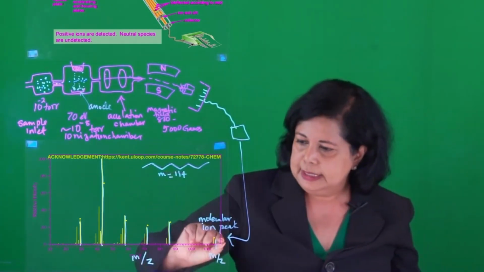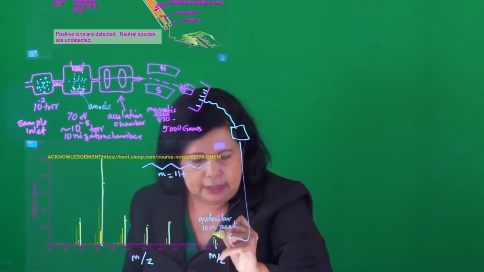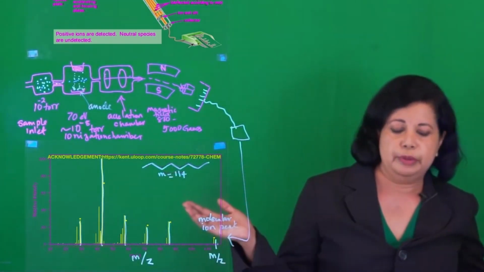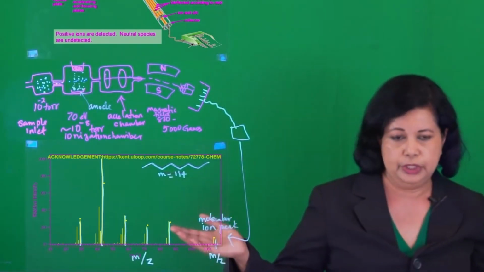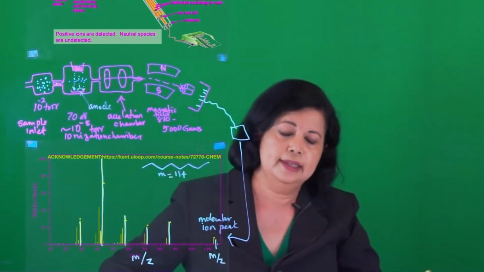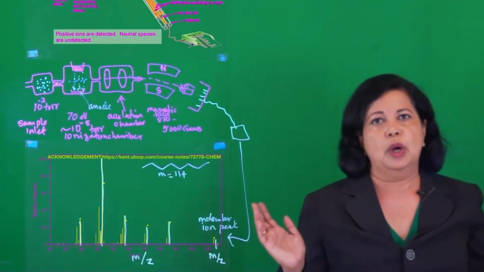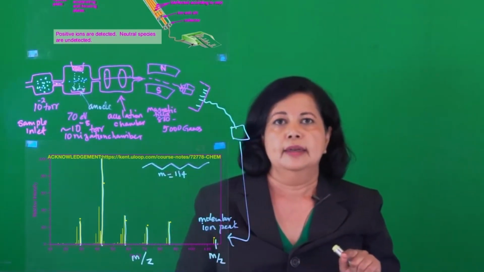And I will talk about this later, but most of them would also have a very teeny peak next to it. Because if you remember, carbon has two main isotopes, carbon-12, which is about 98.9%, and carbon-13, which is 1.1%. And carbon-13 is just 1 AMU higher than carbon-12.